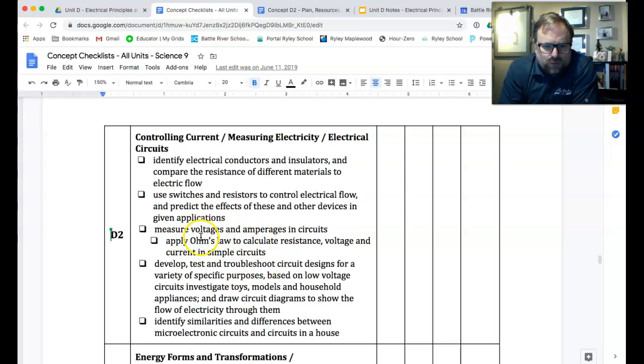We'll talk about Ohm's law, which links resistance, voltage, and current in simple circuits. And then we'll get into circuits themselves, how they work, and we'll play around with parallel and series circuits, and then ultimately look at things like microcircuits and circuits in our houses. So it's a loaded thing that we're going to get through.